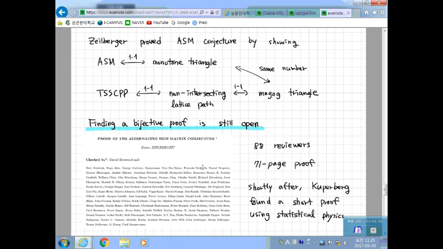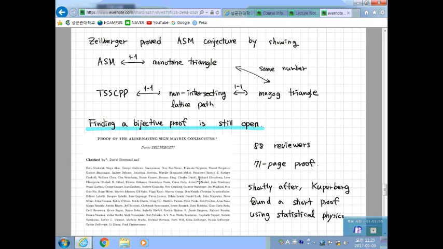I visited his webpage, and he had written down this story. He first submitted this paper to a very prestigious journal, like the Journal of the AMS, but the journal didn't accept it because they couldn't find a referee to review this paper.